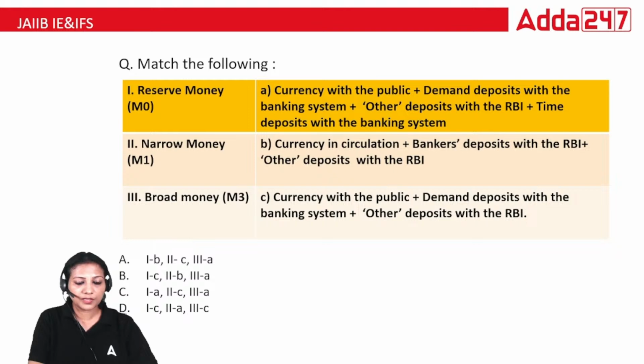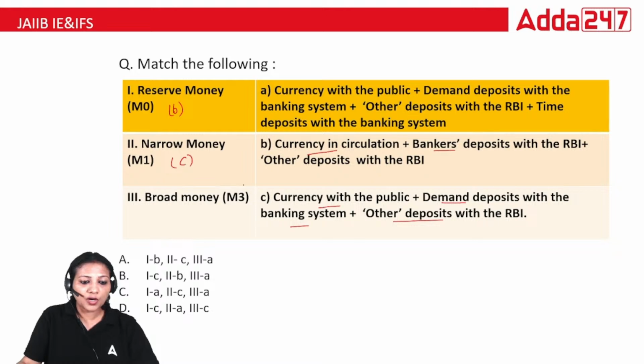So first of all, we'll go point wise. And reserve money is what? Reserve money is currency in circulation, bankers deposit with the RBI plus other deposit. So reserve money is B. Narrow money consists of currency with the public, demand deposit with the banking system plus other deposit with the RBI. This excludes time deposit. So this is going to be narrow money, 2C.